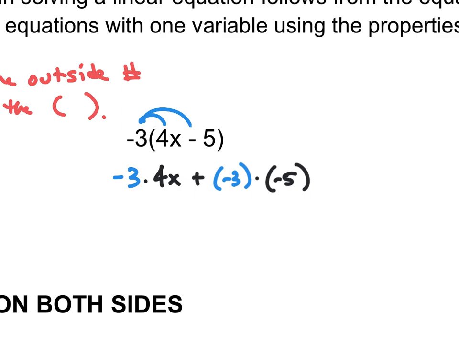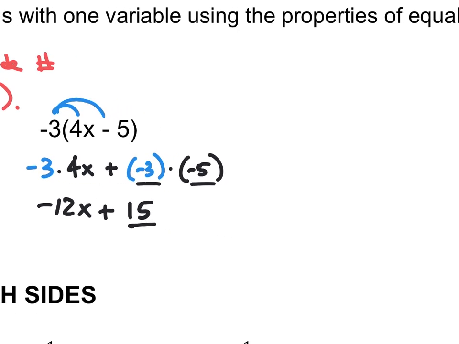So negative 3 times 4 gives me negative 12x. And a negative times a negative is going to remain positive, so this is going to be positive 15, because negative 3 times negative 5 gives me positive 15.